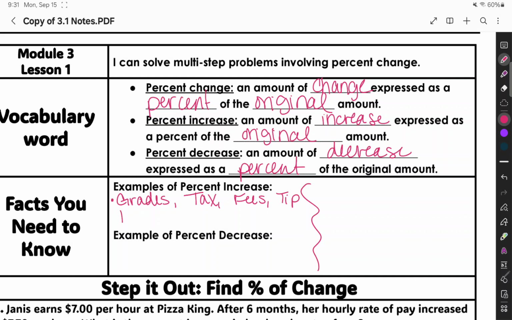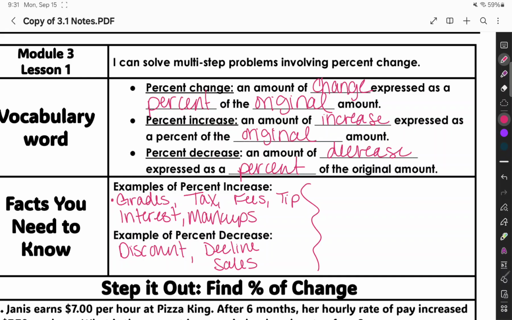We see our numbers go up when we pay interest, and we talk about markups. All those things are an increase. A decrease is like a discount, or, like we talked about the stock market yesterday, a decline in sales or in the stock market. Anytime something's going down, that would be a decrease.